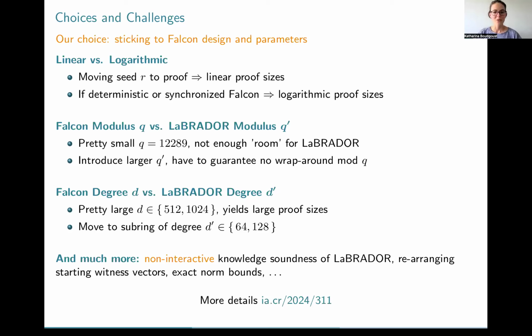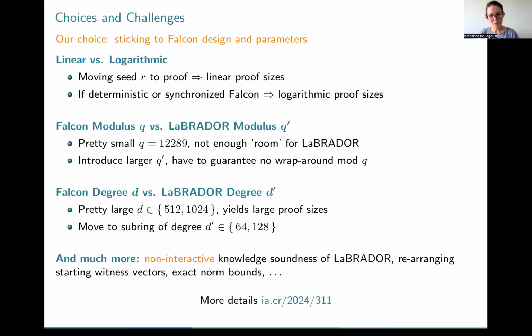And so we ended up with pretty large proof sizes, and we were baffled a bit why our proof size is so large, until after discussing with people like Khan, we figured out that actually the degree is the main reason why our proof sizes are so big. And then we could use existing tools to go to subrings of smaller degrees. So our final parameter setting will actually use degrees of 64 or 128.